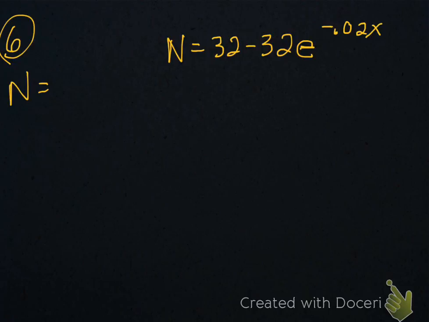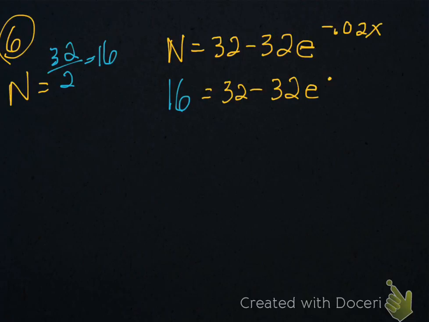So the class is 32 people. So I want half of them notified. That means 16. So 16 is the only number that we're actually plugging in. Everything else stays the same. They already gave it to you. Makes it super easy. Well, maybe.